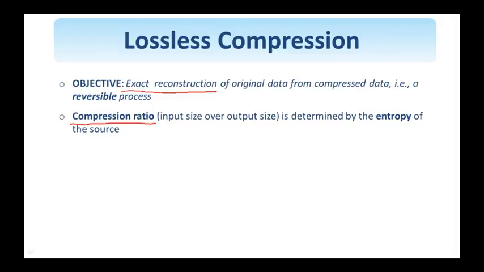An important question, of course, remains how precisely one can measure the entropy of the signal. As probably expected, the compression ratios in this case are low and certainly lower than when compared with lossy compression.